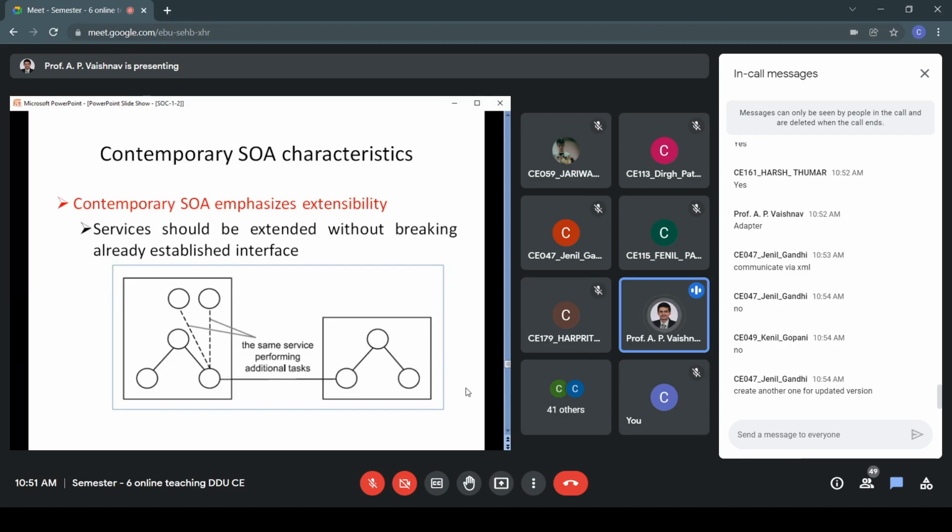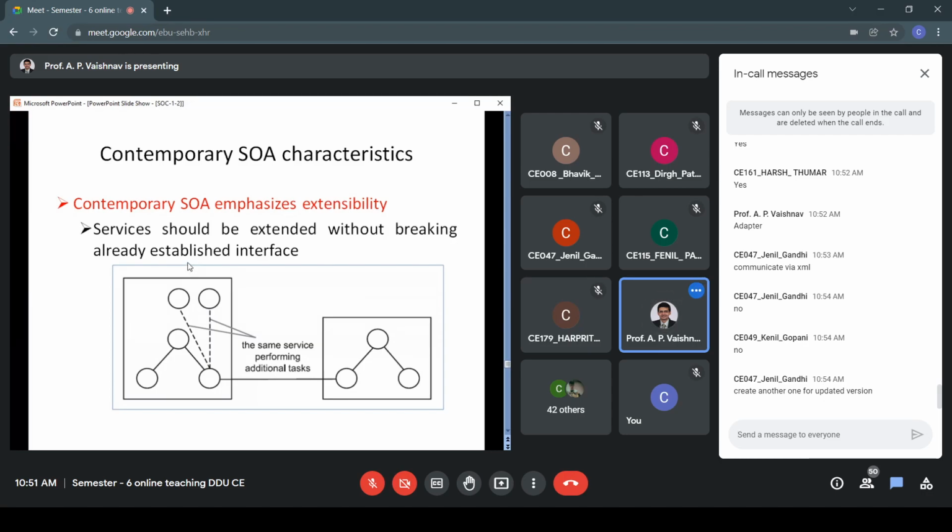We are designing small services. Yes, exactly. We are designing another one for the update. So we will design a separate service which provides that additional function, so that we don't have to break the existing interface. Because if you break the existing interface, the clients which are already connected to the service will suffer. Are you getting the situation?